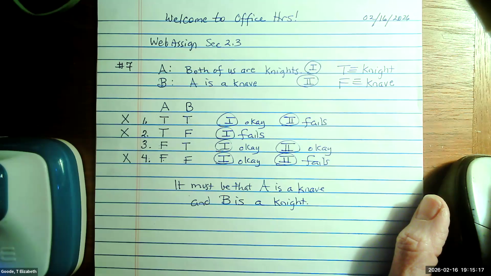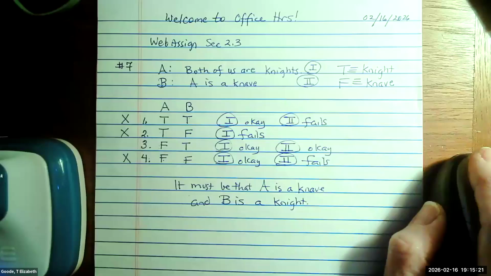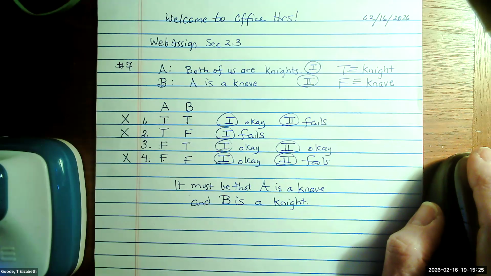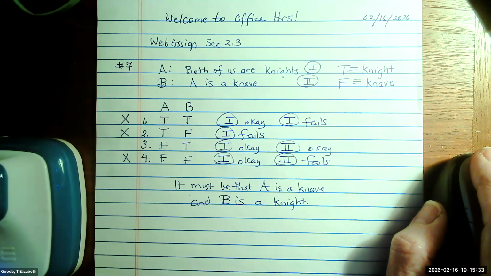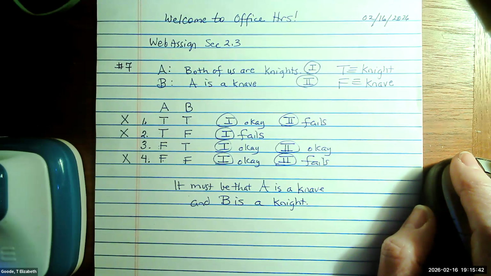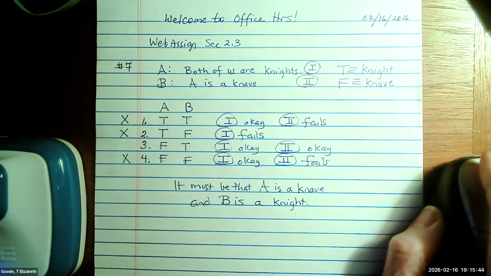Do you agree? If it's a true statement that none of us is a knight, that includes U. It's saying U is not a knight either. And that means that this statement must be false because U must be a knave if he's not a knight. See what I mean? So it's impossible for U to be a knight and say that.